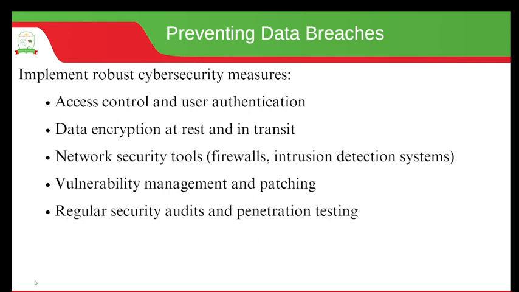Prevention of data breaches. There are a number of things that we need to do to be able to implement robust cybersecurity measures. Number one, access control and user authentication. So this simply means anyone who is supposed to access any data has to authenticate themselves.